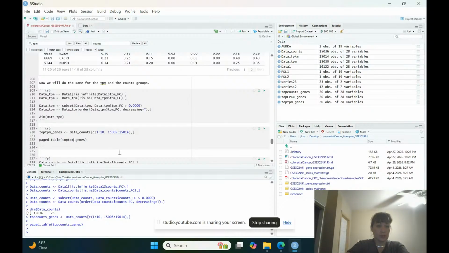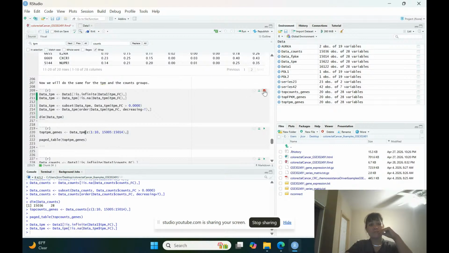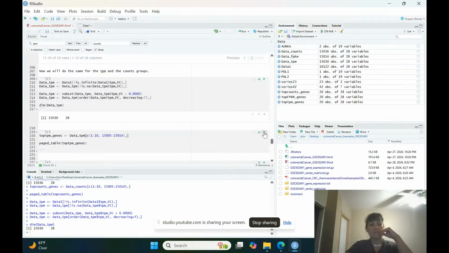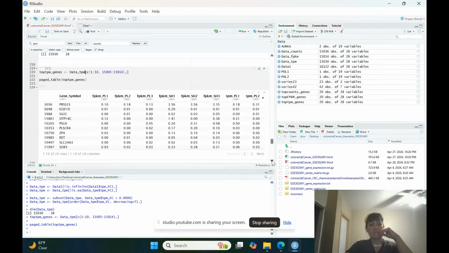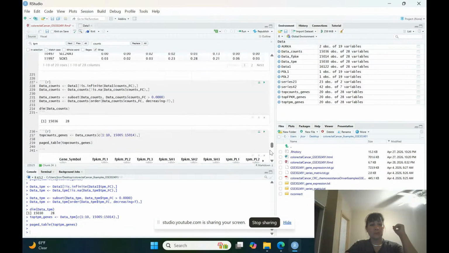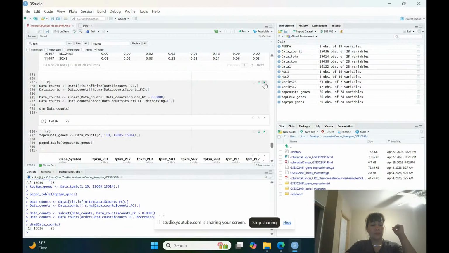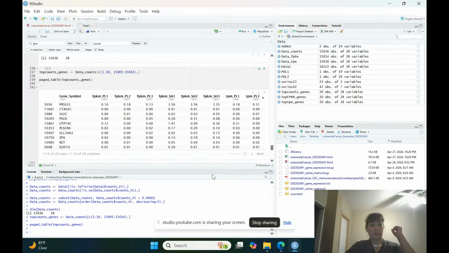I just manually did it. Data TPM. All right, let's run the next. Okay, those are genes for TPM. These are genes for counts. Counts. Okay.